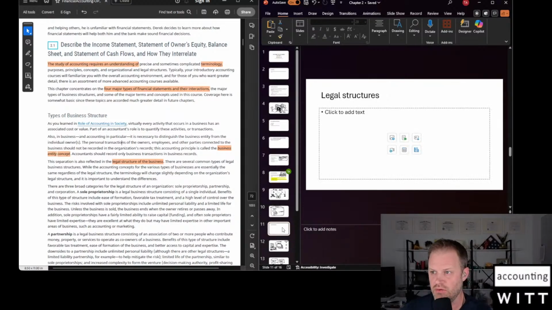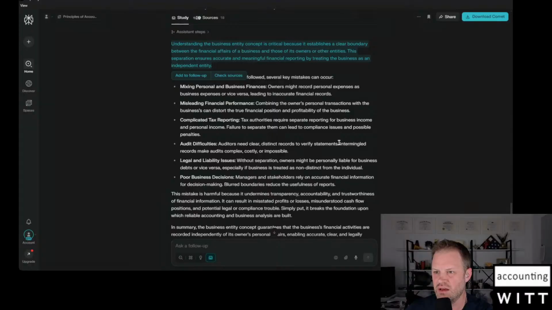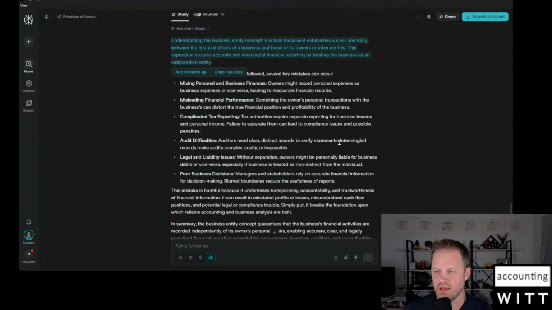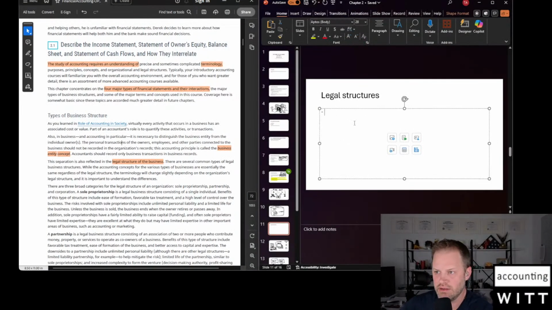So now we introduce this idea of legal structures. And maybe the way to... Oh, I want to finish saying what this said. Okay. I got the important stuff. All right. Legal structures.